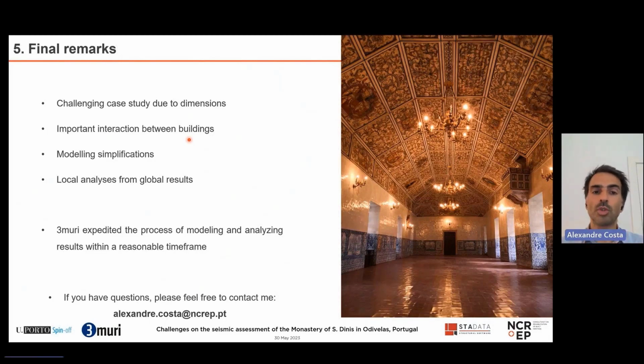And we could, from the global capacity curve, take a look at local analysis. And definitely it can be said that Tremuri expedited the process of modeling and analyzing results within a reasonable time frame. Let's say that all this process, between inspection, diagnosis, material characterization, ambient vibration tests, and seismic analysis, took more or less 3 months.